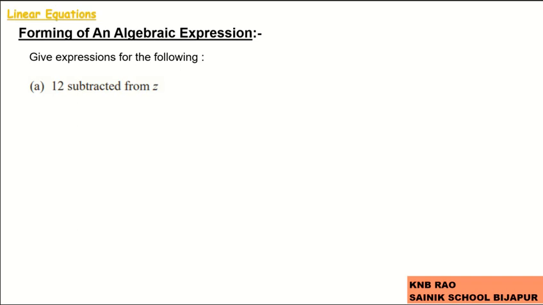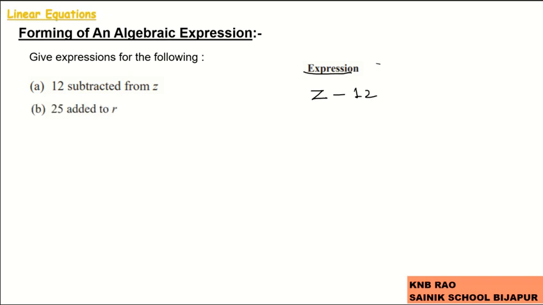This is the statement given to us in general language. This mathematical statement can be expressed in the form of an algebraic expression: 12 subtracted from z, so z minus 12.